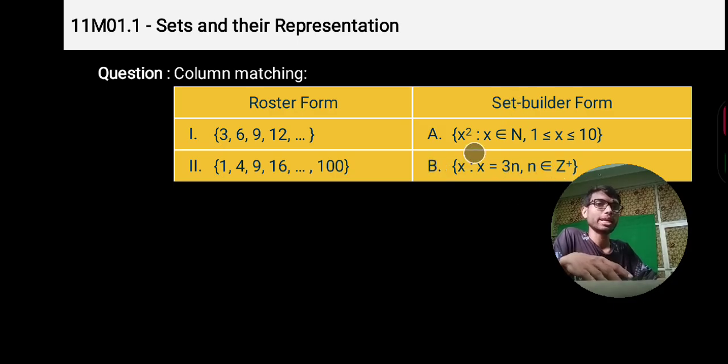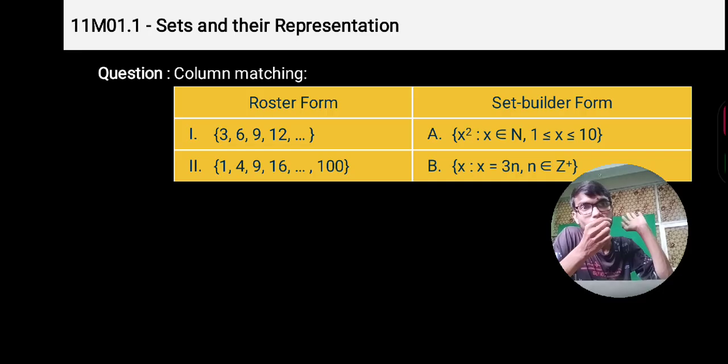First is saying x square, such that x belongs to N. We have natural numbers, and we will start from 1 and stop at 10.